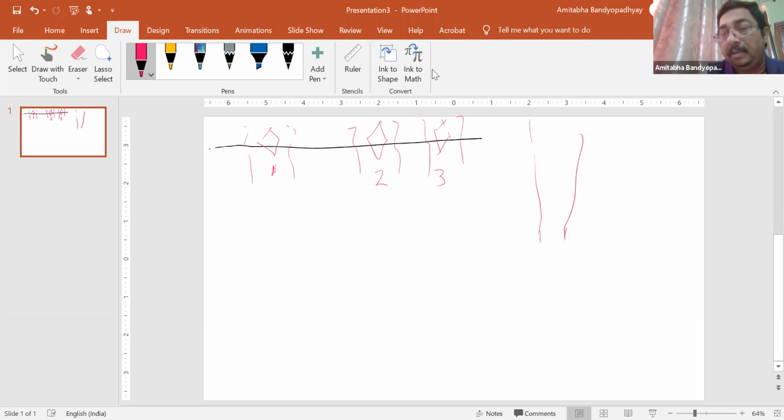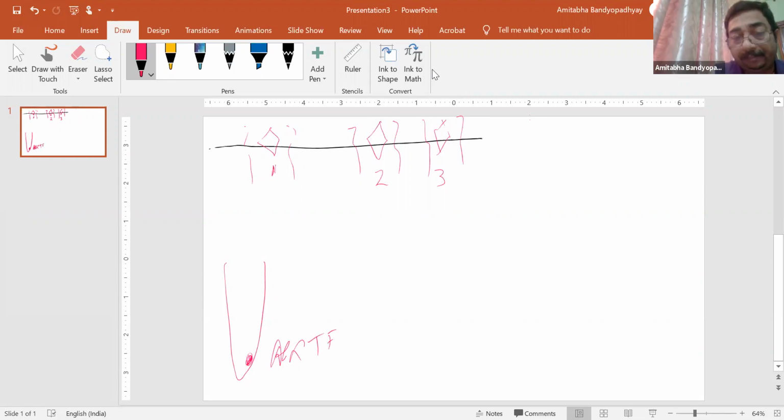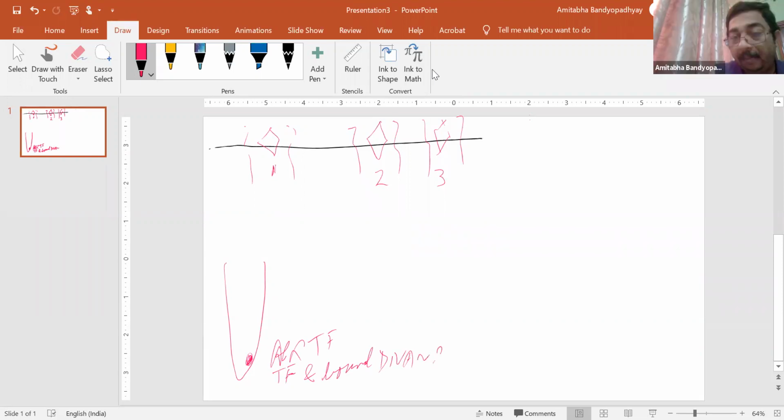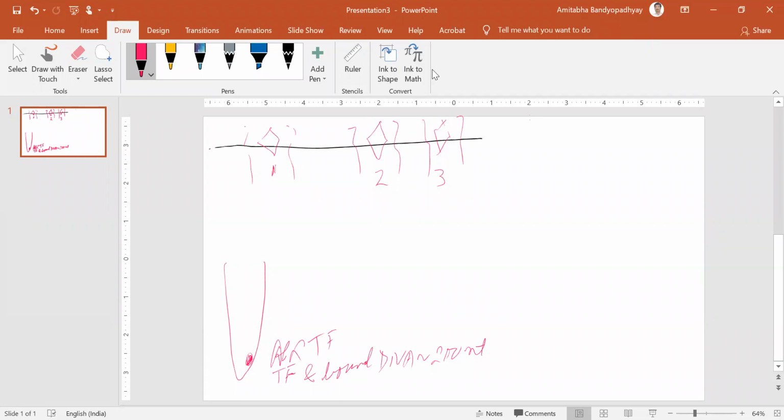It has the antibody against the transcription factor, and bound DNA, typically approximately 200 nucleotides, right? Yes, sir.